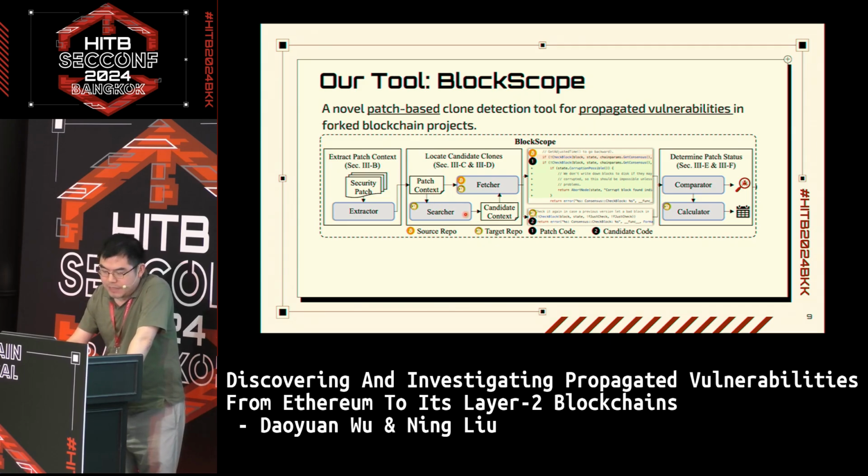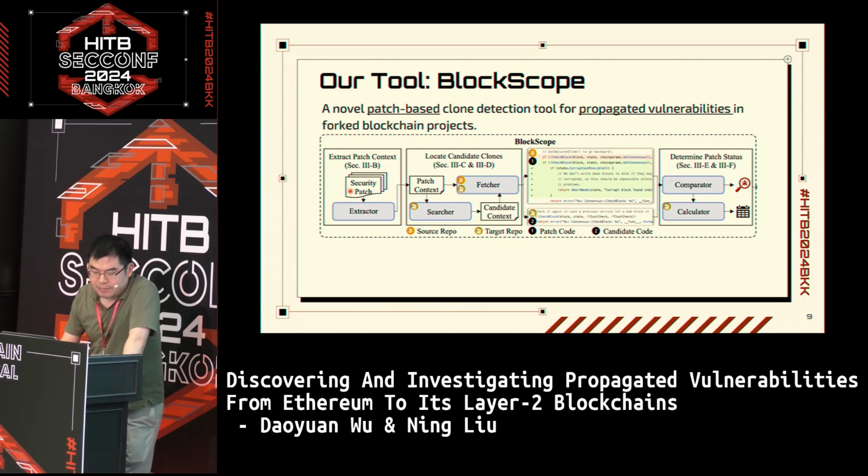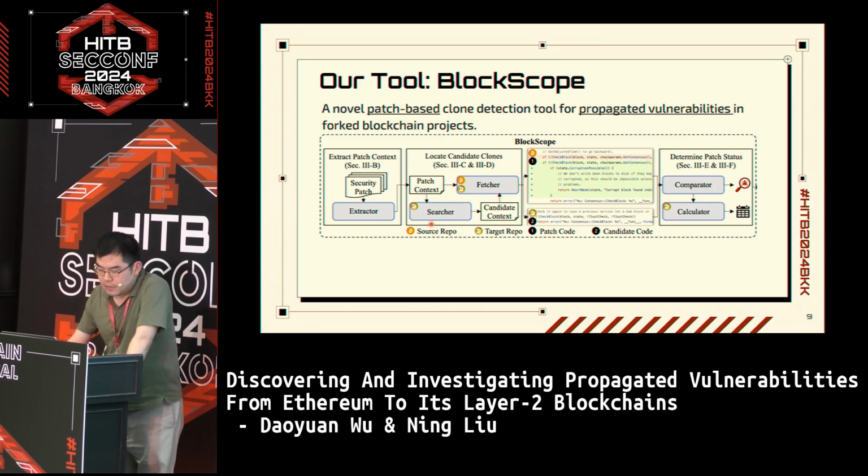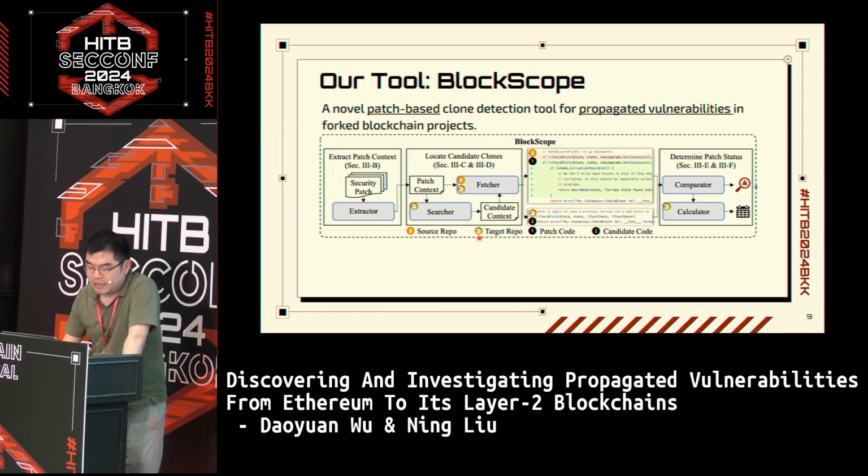And based on this patch, because it is from the source repository such as Bitcoin or Ethereum, we will have another component, the so-called searcher, to leverage this source patch context to search for the context of the candidate code in the target repository, such as Dogecoin or Optimism of Ethereum.